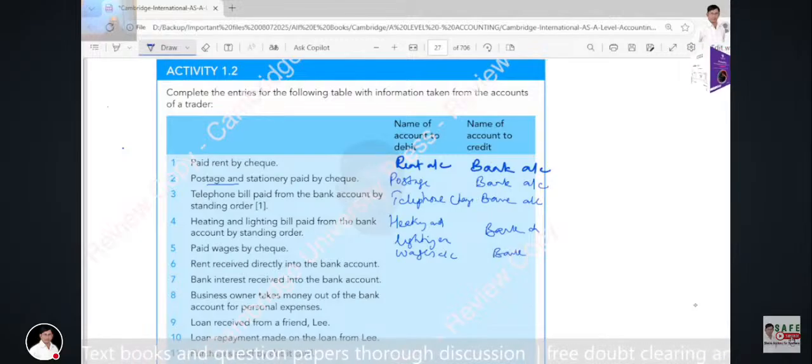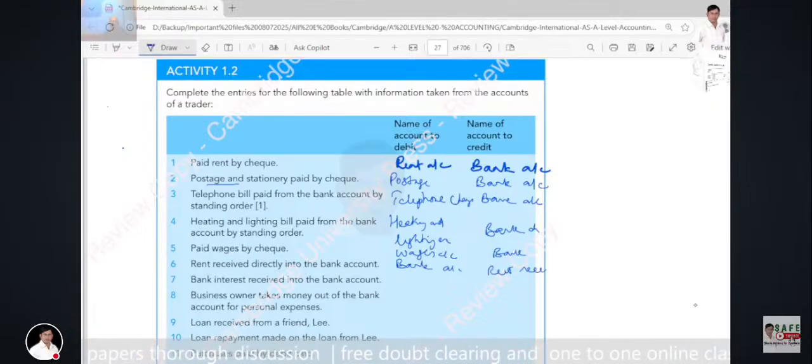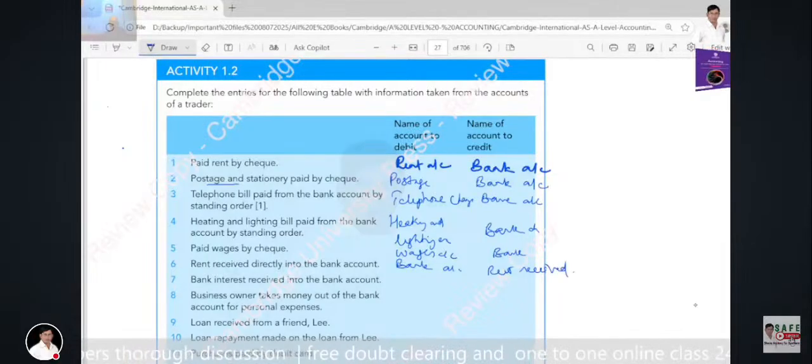Rent received directly into the bank account. So what is happening? Your money is being received, so bank account will be debited. Rent received. You specify because rent can be paid, see here rent is paid, and here the rent is received. Or you can write rental income account.